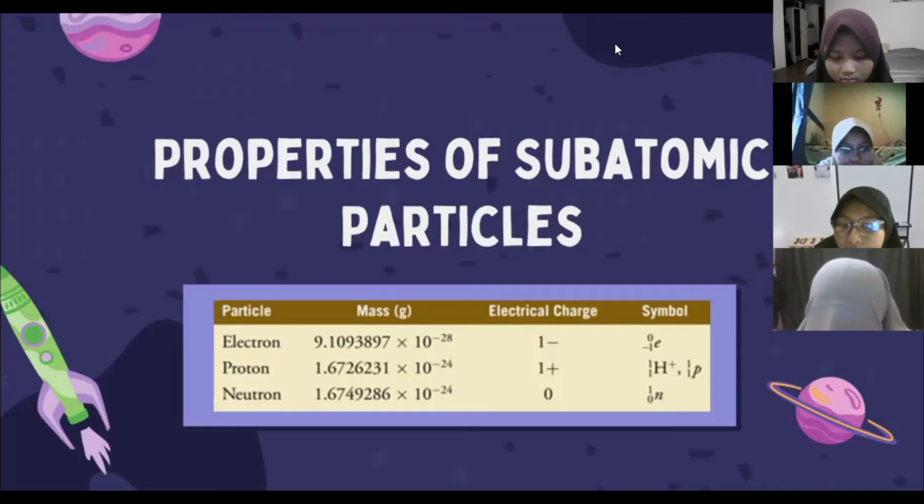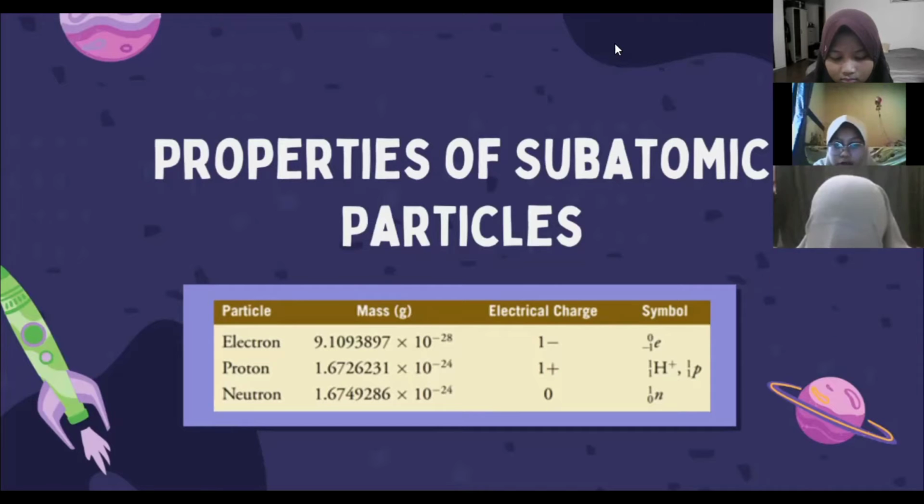I already know about the proton and neutron. They have the same mass, 1.67. The difference between the proton and neutron is only in the electrical charge and the symbol. The proton has +1 and the neutron is 0. Wow, it's interesting.